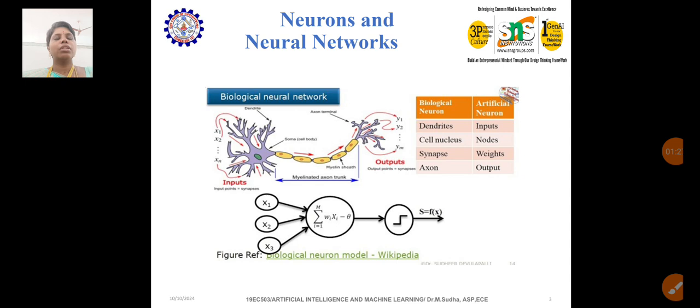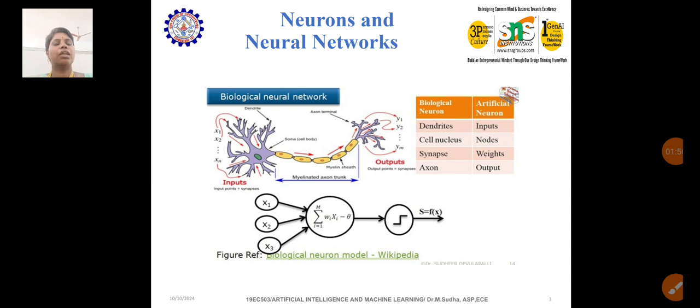Here, on neurons and neural networks, you can see the image of the biological neuron network and also the artificial neuron. Here we have input, summation, some function, and output. Likewise, we have inputs, functions, and output in the biological neurons. So it imitates the function of the biological neurons, and we are making it into an artificial neuron.